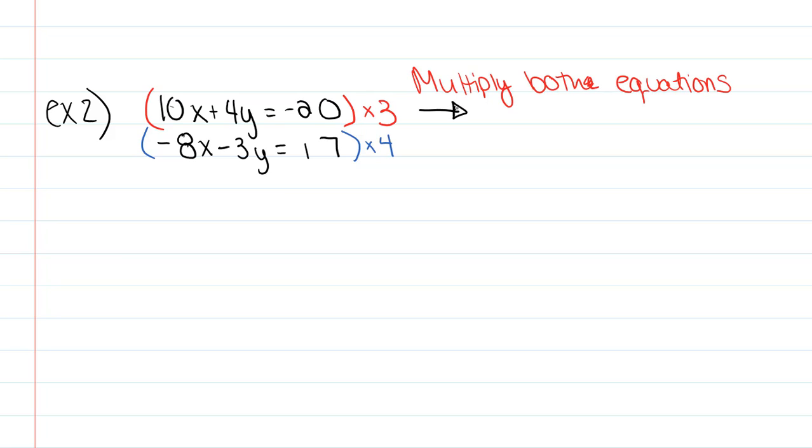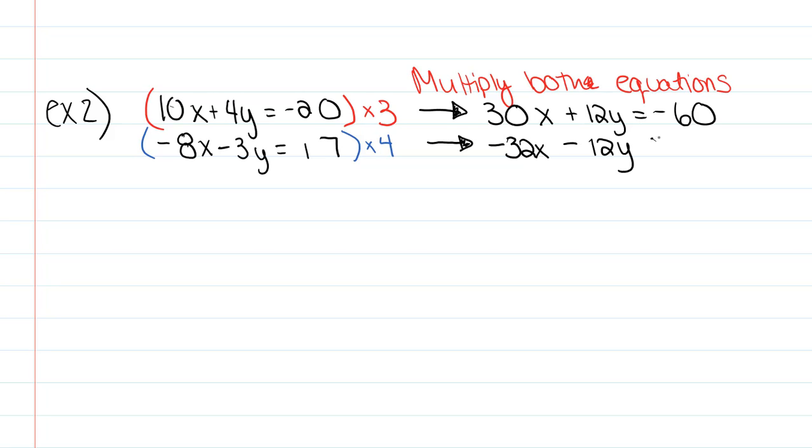When I multiply everything times 3, I get 30x plus 12y equals -60. When I multiply this entire equation by 4, I get -32x minus 12y equals 68.